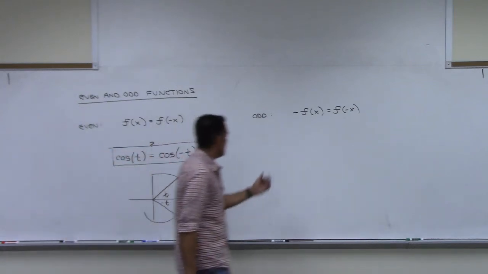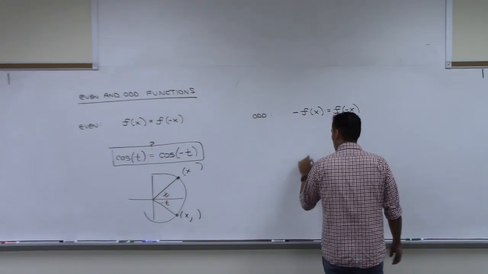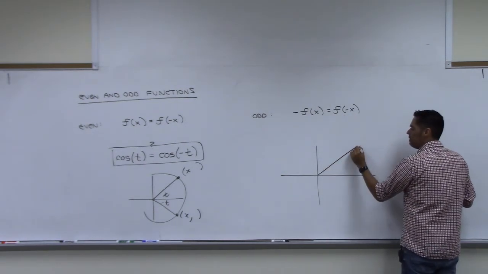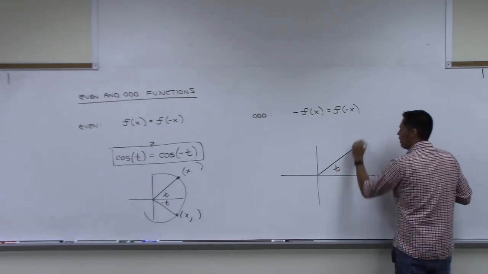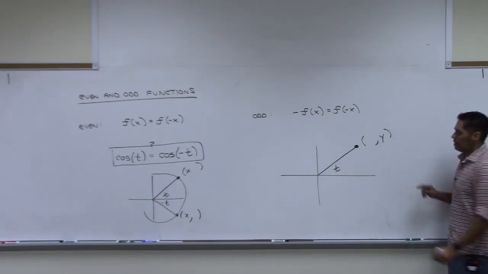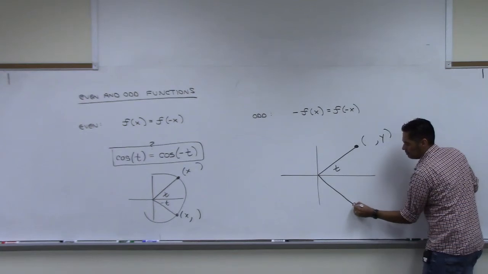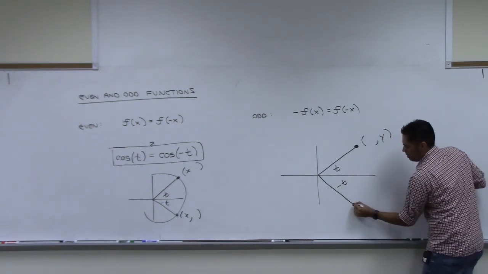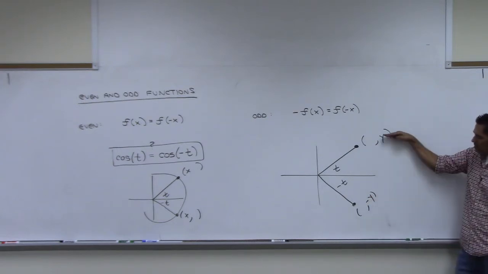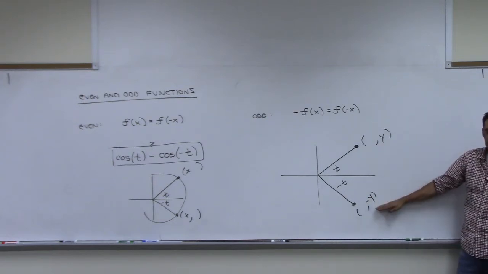Now sine turns out to be odd. And let's see why that's true. Here's t. Let's look at sine as the y-coordinate, right? Negative t is down here. And now this y-coordinate is actually the opposite, isn't it? If this is positive y, this is negative y.